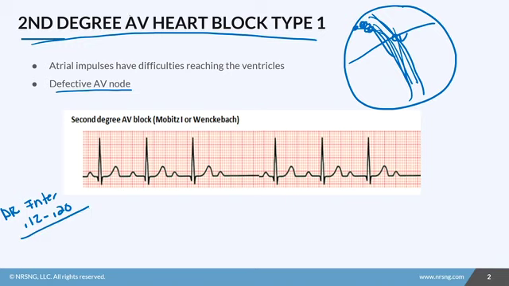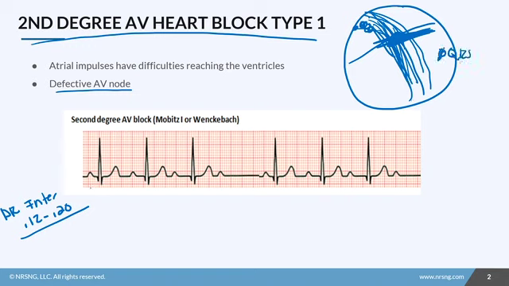In second degree AV heart block type 1, the AV node lets some of the impulses get by at a normal speed, and others take longer to get down to the ventricles, and even longer. And sometimes it blocks it completely so that the signal does not get down to the ventricle, the ventricle does not contract, and we do not have a QRS.